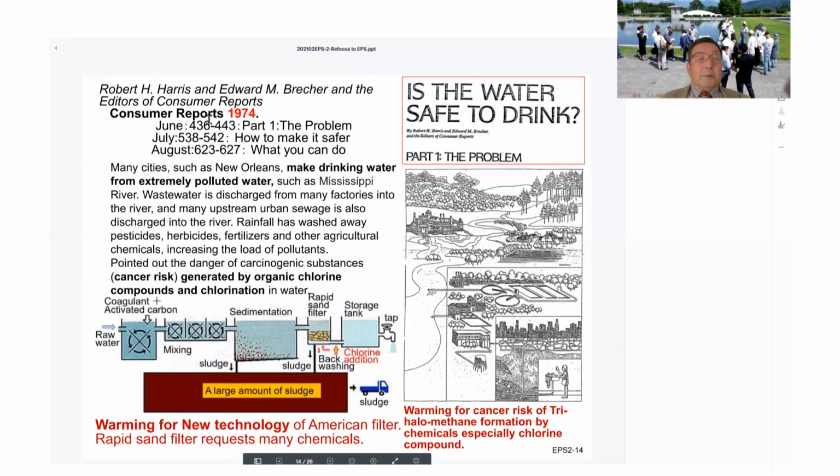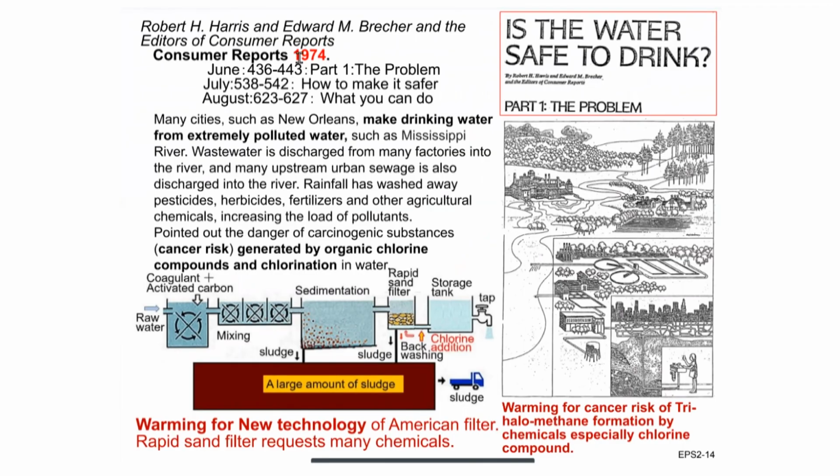This is a famous report by Robert Harris and others in 1974, about the cancer problem. Many cities, such as New Orleans, make drinking water from extremely polluted water, and they use many chemicals.